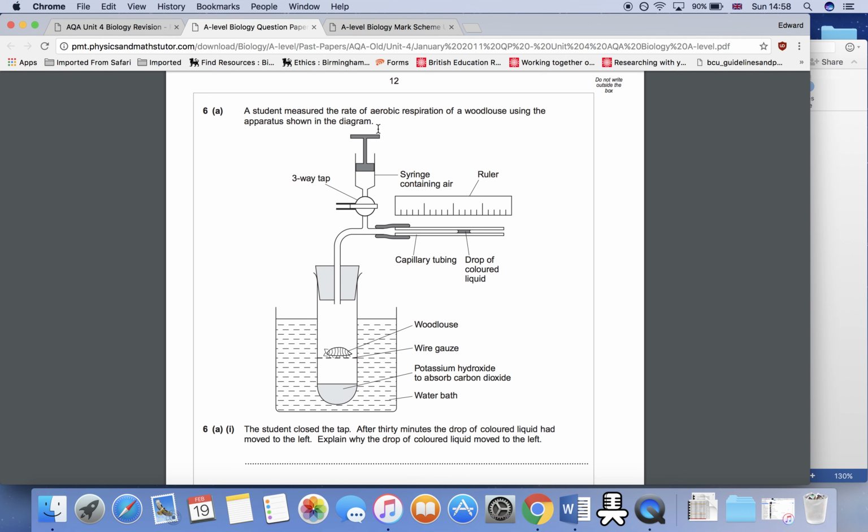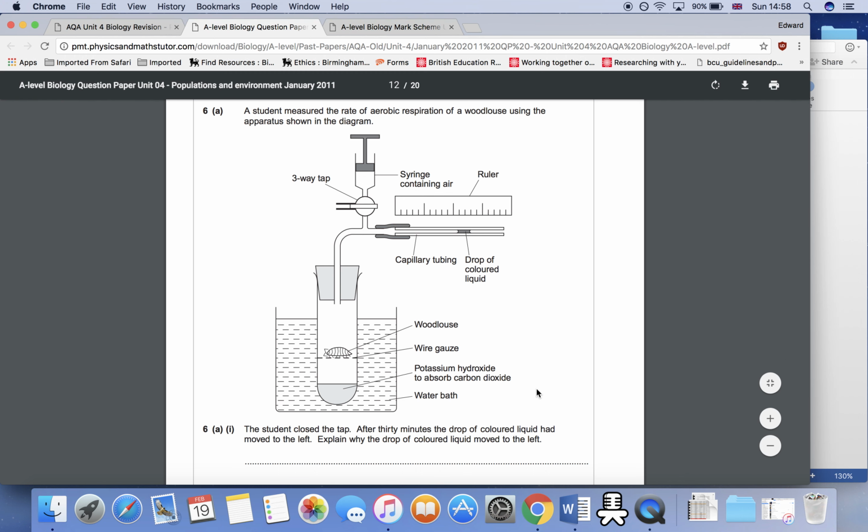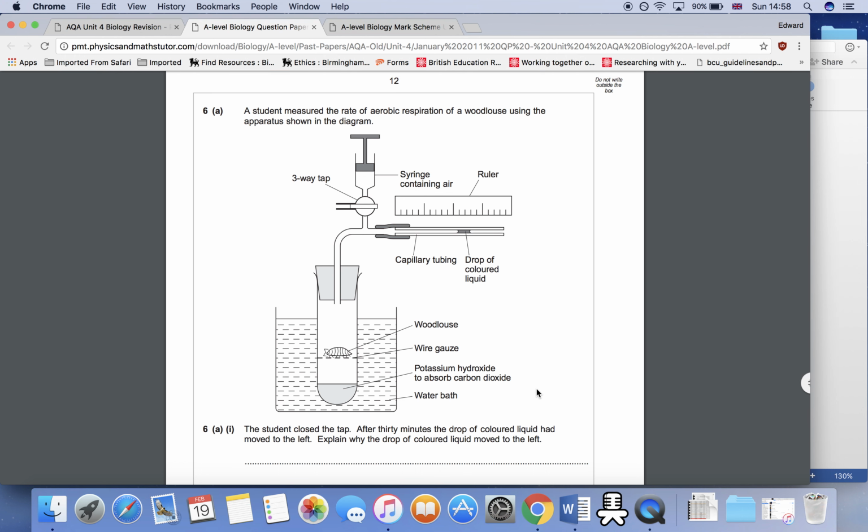As I've already said, we know it's about aerobic respiration. So what's happening in aerobic respiration? The woodlouse is bringing oxygen into it as an organism, and it's going to use up that oxygen in respiration.